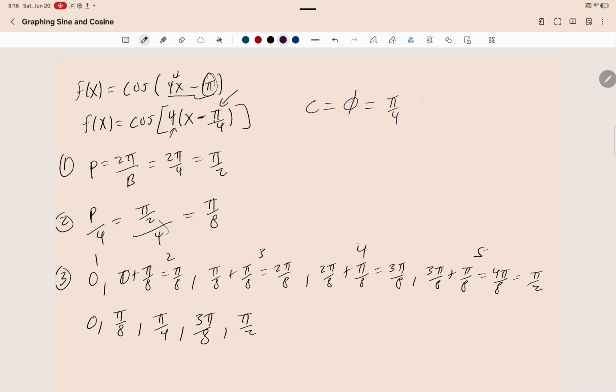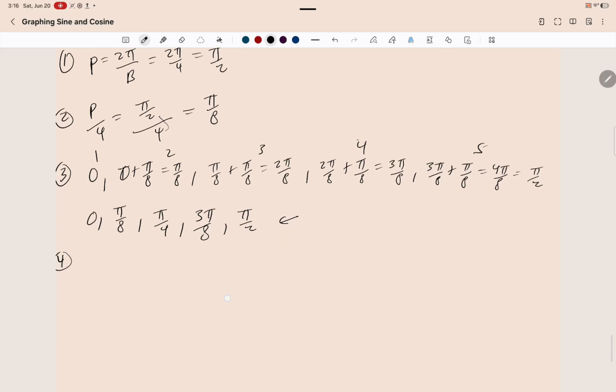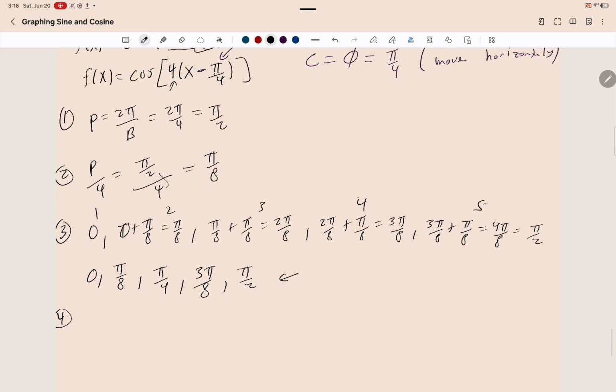And since it's pi over 4, we're going to move horizontally. Every point moves pi over 4 units horizontally. What that means is we're going to take the numbers in step 3 and add the phase shift to them. So in this case, step 4, we're going to add pi over 4.